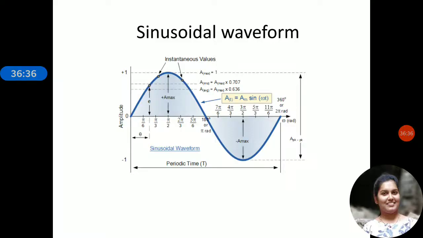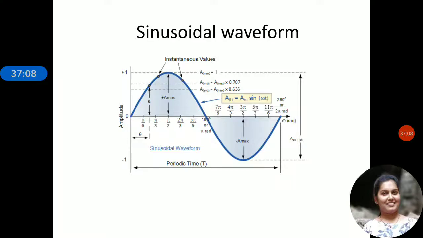On the x-axis I have taken the time period, on the y-axis the amplitude. This amplitude can be either voltage or current. When the alternating signal varies from 0 and reaches the maximum value, that is the maximum amplitude. If it is voltage, we write it as Vmax, and if it is current, we write it as Imax, and again it decreases to 0.